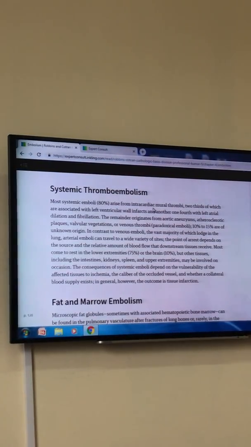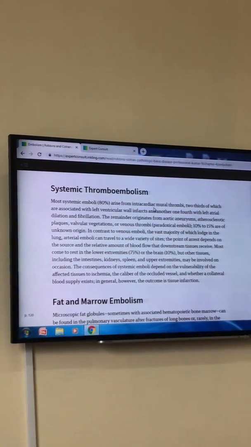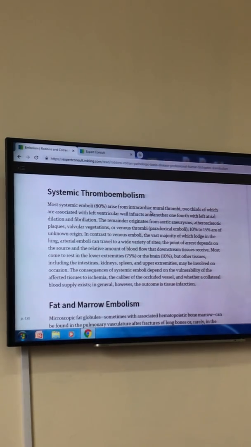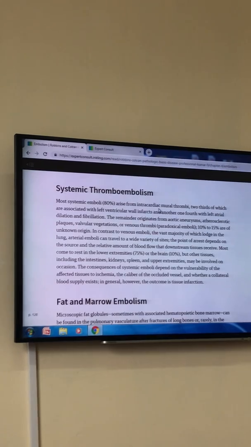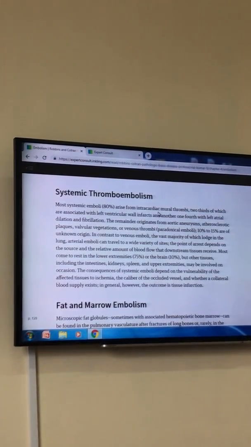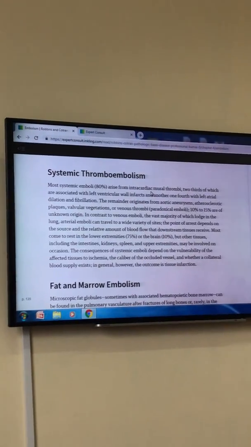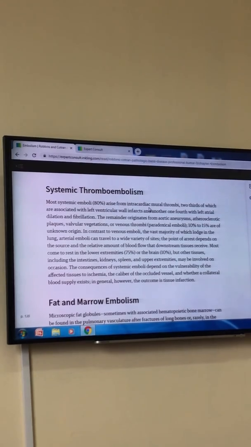So it's different. You see that thrombosis in the lung arises from thrombosis in veins, but embolization in systemic arteries arises from thrombosis in the heart. So these are asked in examinations, the origin of embolization.